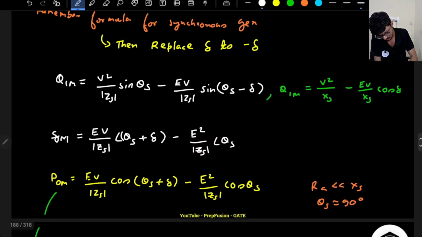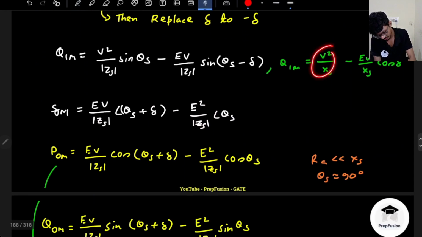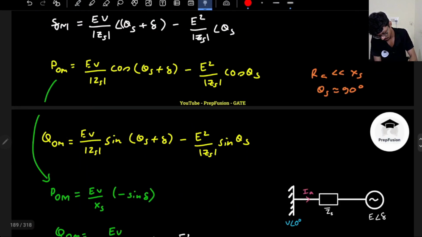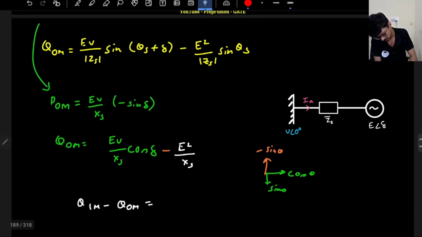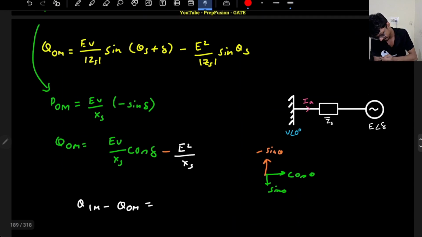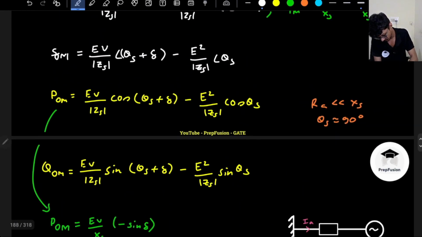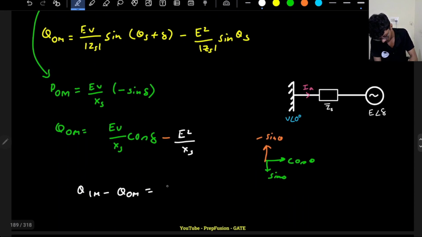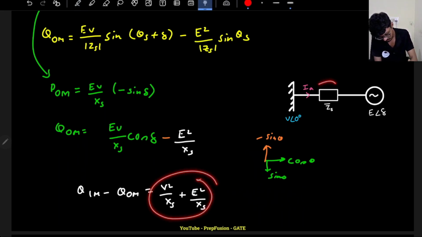The difference is V square by X square minus V square by X square. This is minus only, right? Yeah, this is correct. V square by X plus E square by X. So this is the amount of reactive power that is getting lost in the synchronous reactance. Am I correct over here?